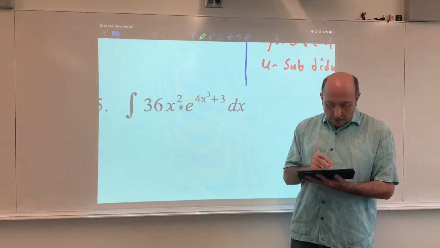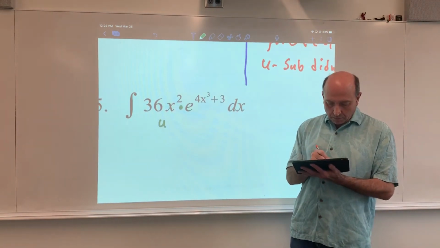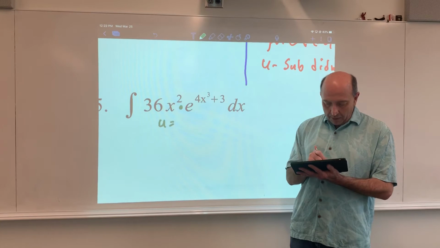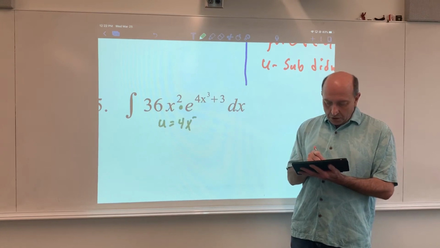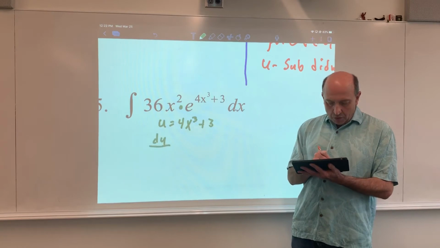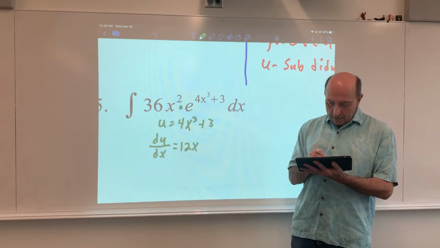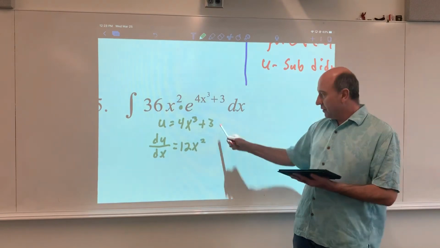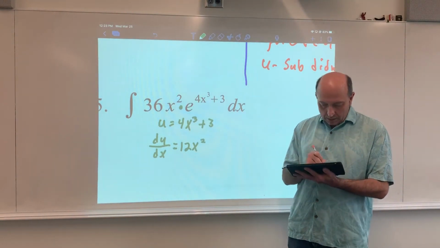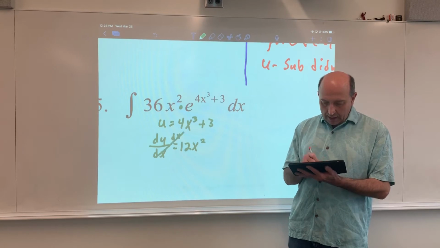Okay, let's try U-sub. So U will be the inner formula. 4x to the third plus 3. The derivative of u with respect to x is 12x squared, and the derivative of 3 drops out. Multiply both sides by dx.